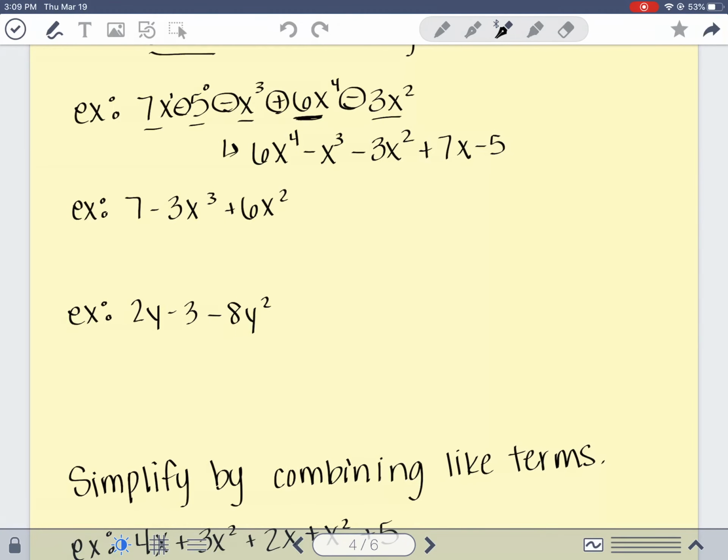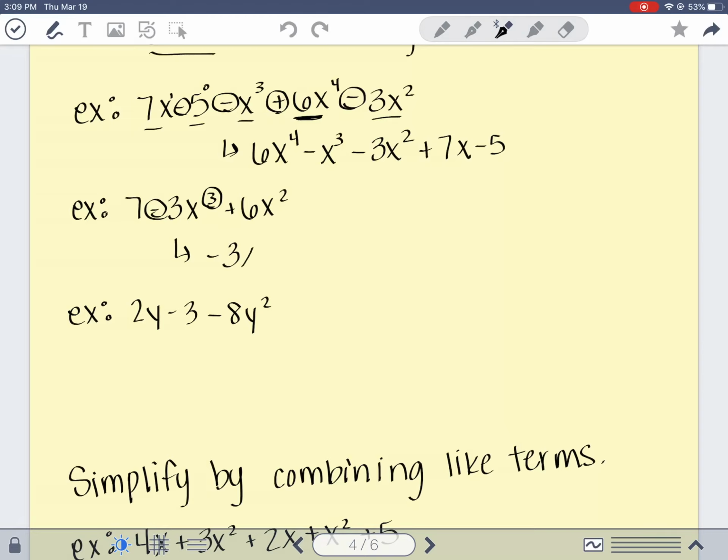All right, for the next one, and remember, when we're doing these, you can pause this and give these examples a try, and then go ahead and hit play and see if you got them right. It's always good to actually practice them first. Okay, so here, our highest degree is a 3. So that is going to go first.